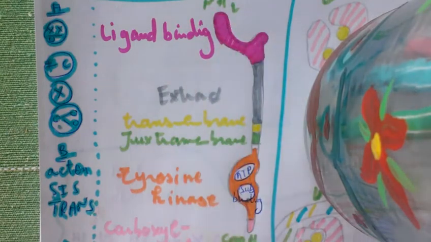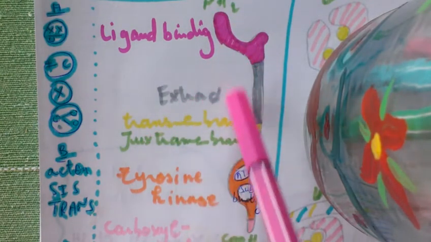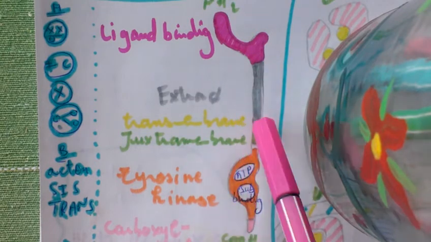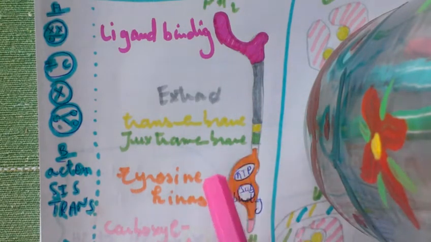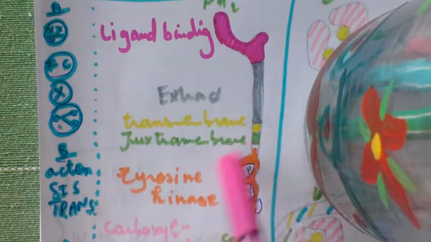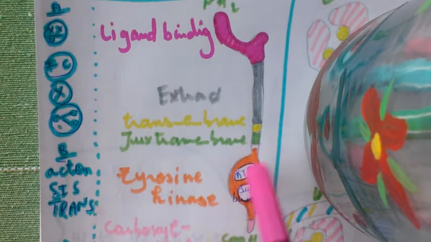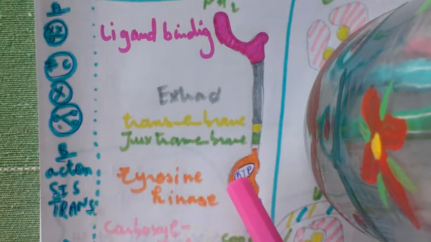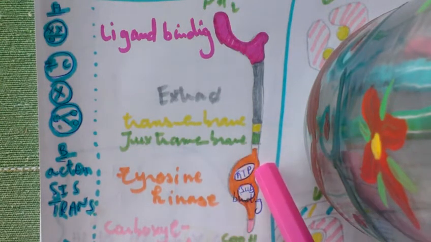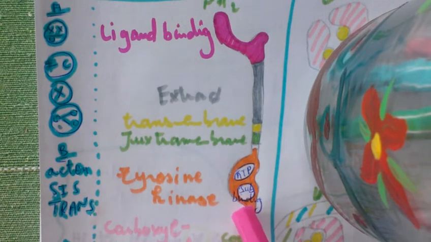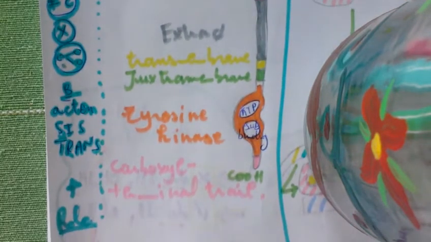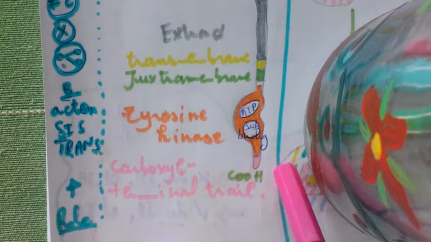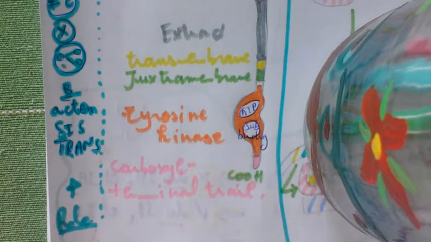Here it is, an extracellular zone, transmembrane zone, juxtamembrane zone, and tyrosine kinase zone, which has two sites: the site of fixation of an ATP molecule and a substrate binding site, and a C-terminal extremity, COOH, carboxyl terminal tail.